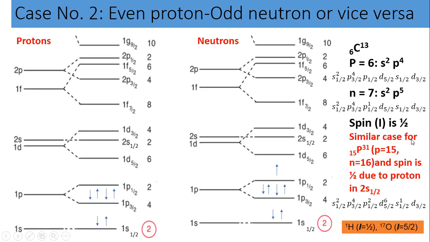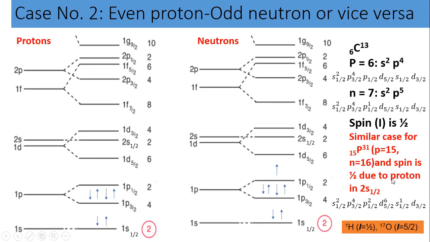Let's do a similar case for phosphorus-31. This is also active in NMR, and the spin is 1/2. It has 15 protons and 16 neutrons. Similarly, you can fill up the protons and the neutrons, and all of these are filled up.